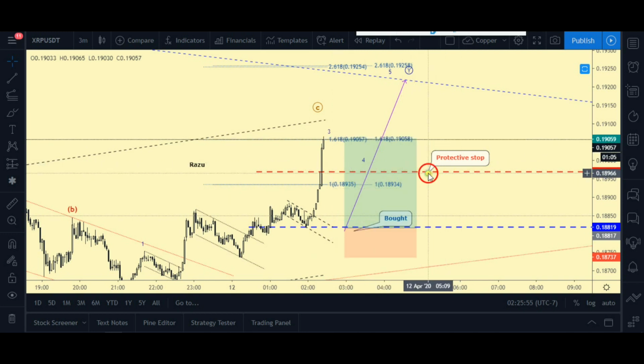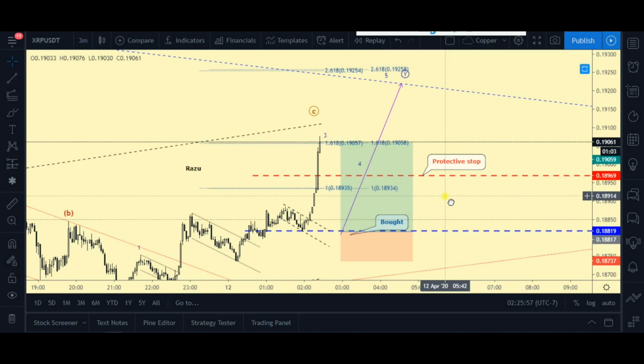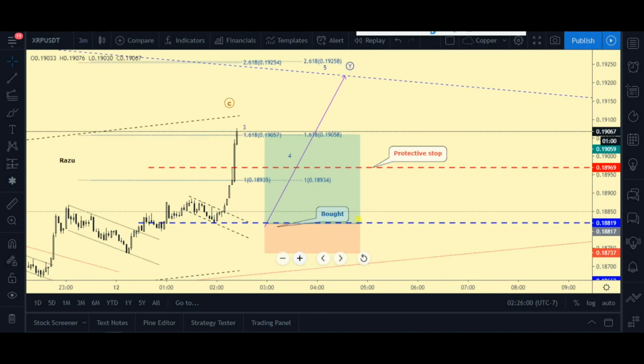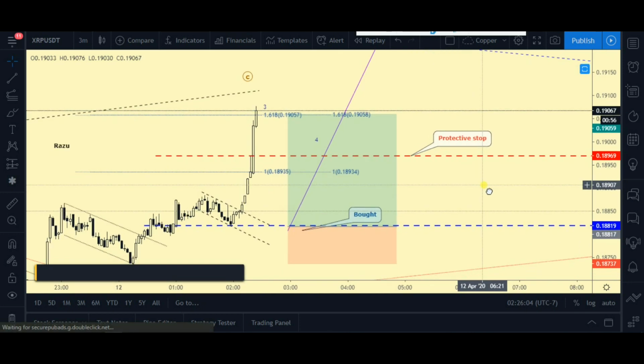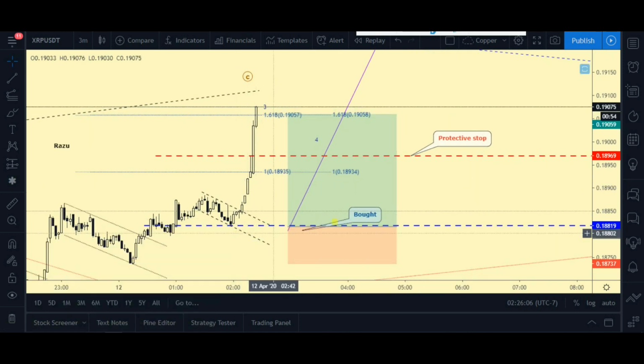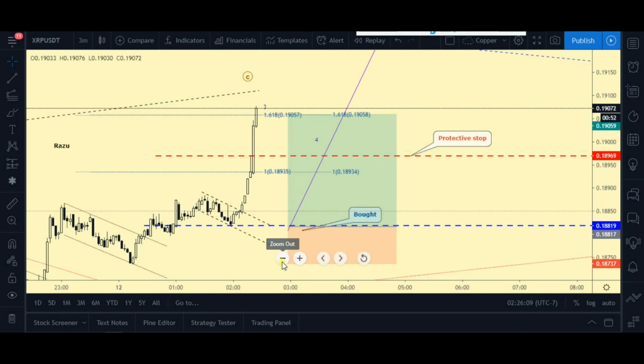So in that way my profit also stays intact, since I don't want to be too greedy at this point.